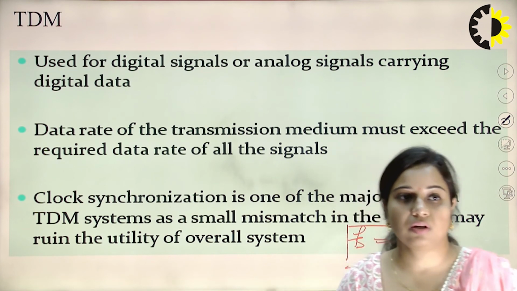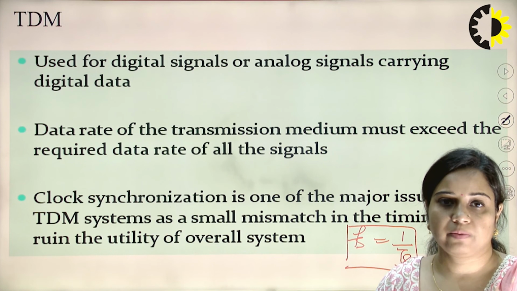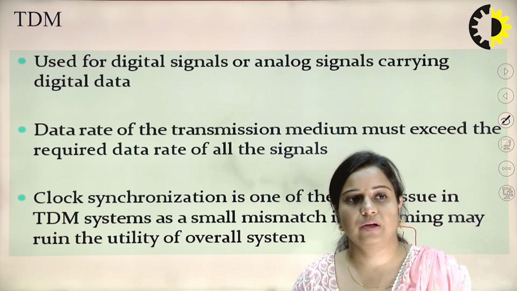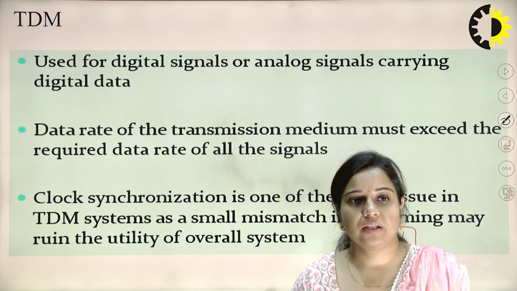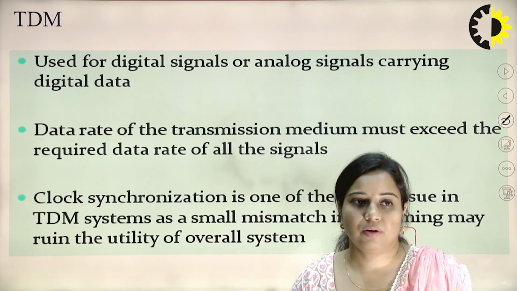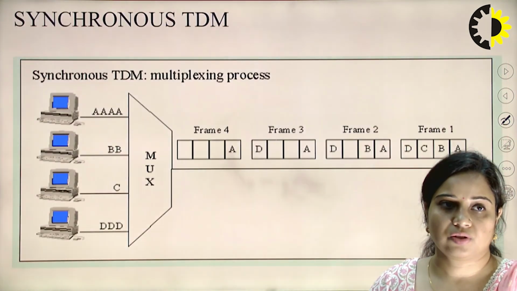That is known as the clock frequency. Whenever the clocks used at the transmitter and receiver are not running at the same frequency or not working at the same point of time, then the synchronization is not maintained and there will be loss of information. So in this case we have to take care of clock synchronization.